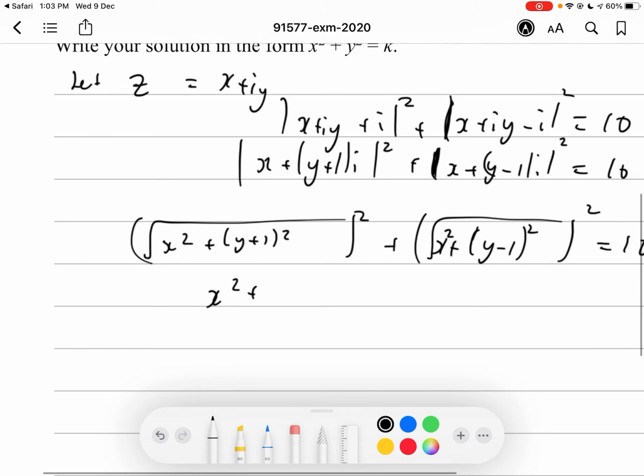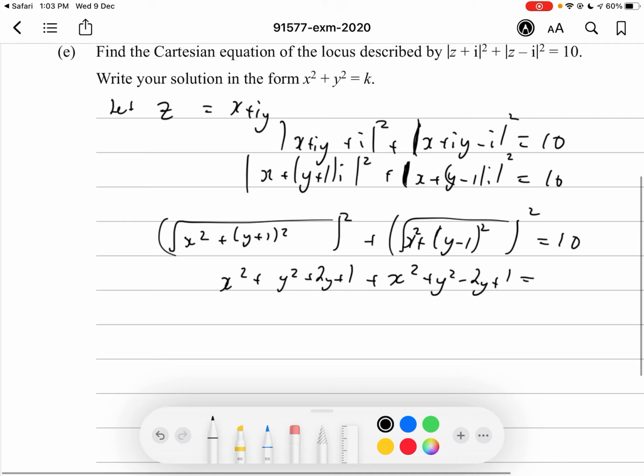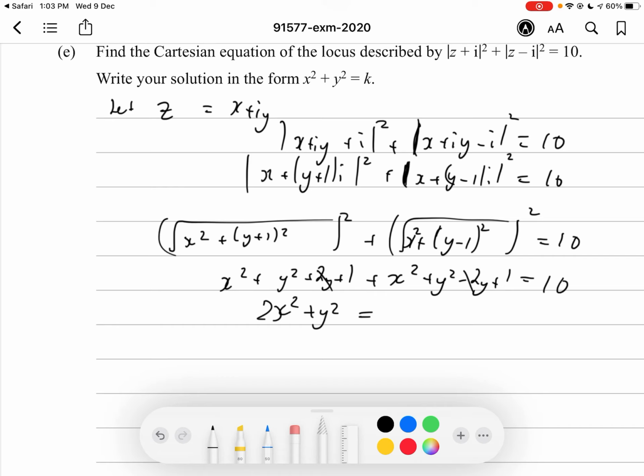So we have x squared plus y squared plus 2y plus 1, plus x squared plus y squared minus 2y plus 1, that equals 10. So here our 2y and negative 2y cancel each other out. x squared plus x squared is 2x squared. y squared plus y squared is 2y squared. 1 plus 1 is 2.